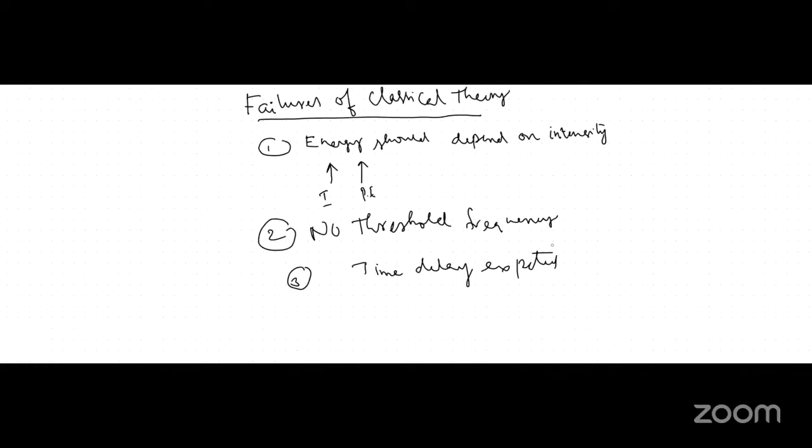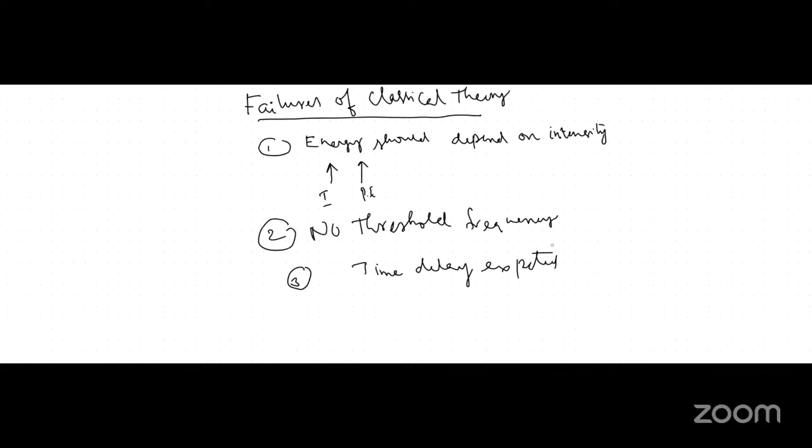After this, we have Einstein's explanation for the photoelectric effect. The photoelectric effect was first observed by Hertz, who gave some assumptions, but later on Einstein explained it. What Einstein did was mainly introduce the quantum hypothesis.